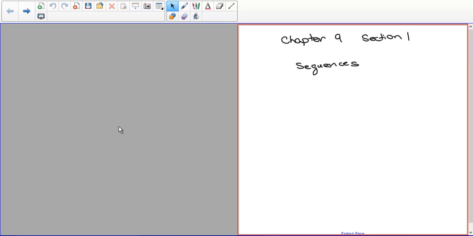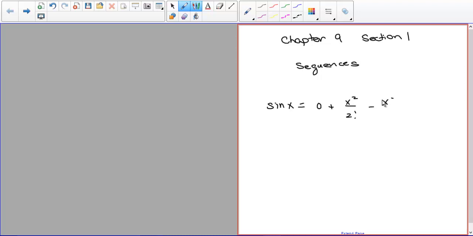What we'll find out, probably about chapter 9, section 6, is that you can write the trig function sine of x as 0 plus x squared over 2 factorial minus x to the 4th over 4 factorial plus x to the 6th divided by 6 factorial minus x to the 8th divided by 8 factorial, and then just continue on.